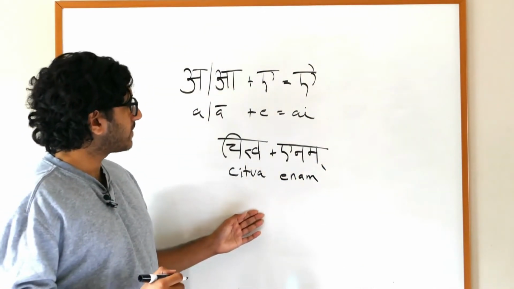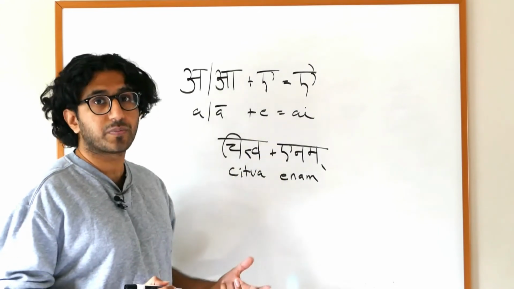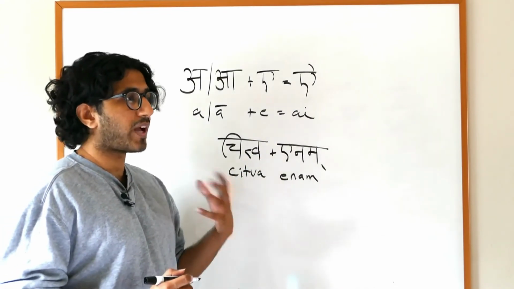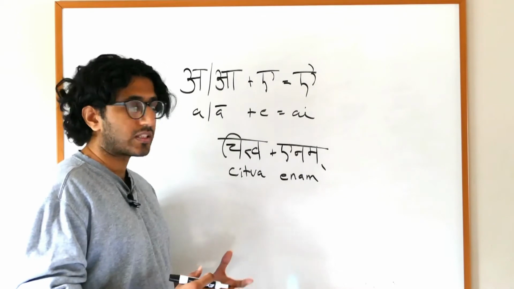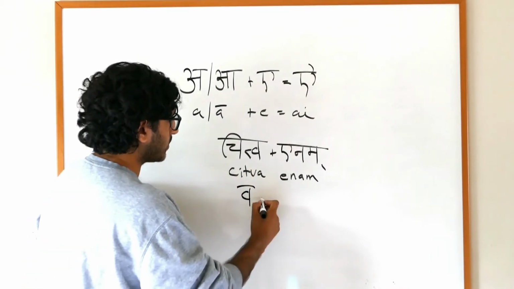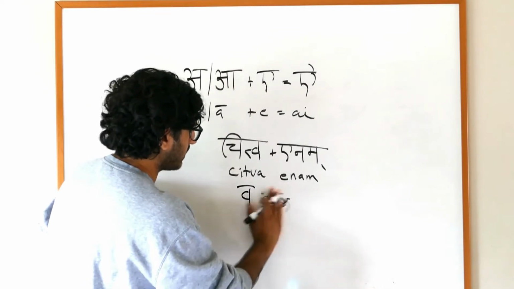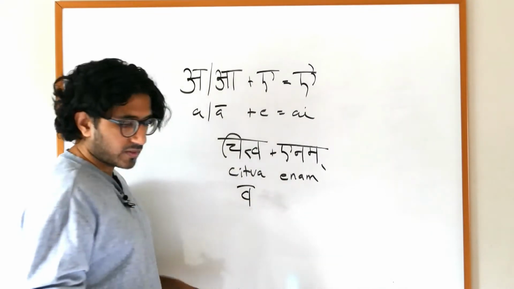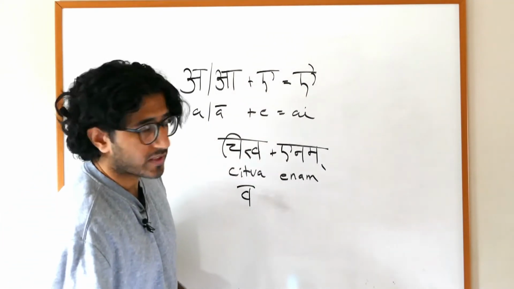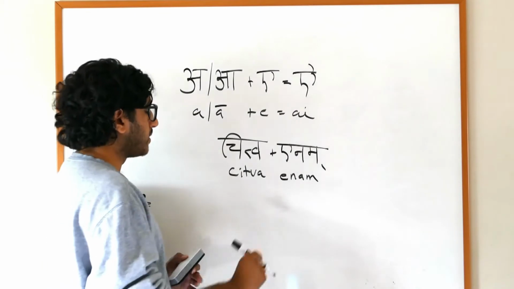Notice here we have an a at the end of the va, so an invisible a. Once again, when you add the vowel a to a consonant, this is the pure consonant, nothing is added to it. You're adding the vowel a, and so this is just removed, and that's all it is. When you add other vowels, then there are going to be different combinations of different things. So we have chitva and enam.